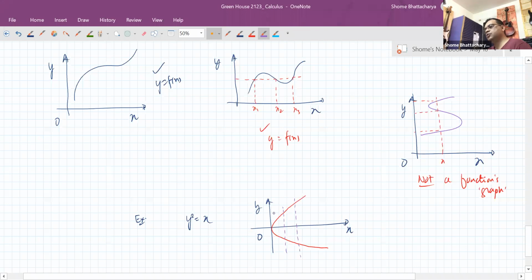So for example, x equal to 1 gives you plus minus 1. X equal to 2 gives you plus minus 1.4. Okay, so this is not a function. So this graph does not represent a function, because this relation itself does not represent a function.